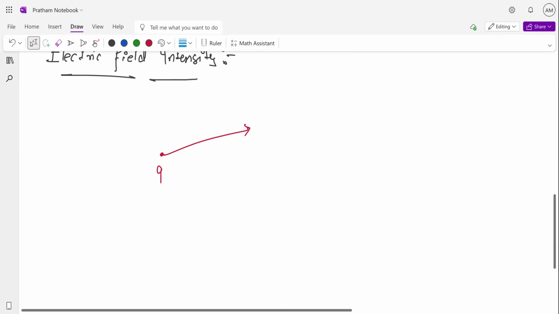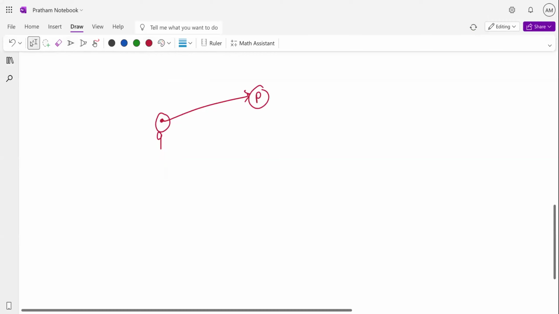So how will I calculate electric field at another point? I'm going to calculate electric field due to this charge at this point P. If I ask you what is the force on this point P, can you calculate this?